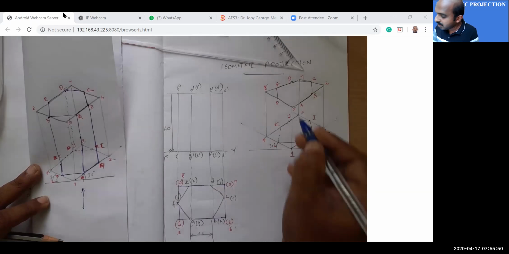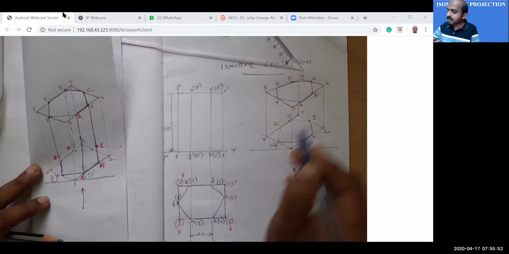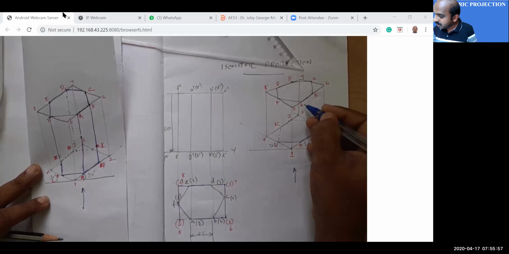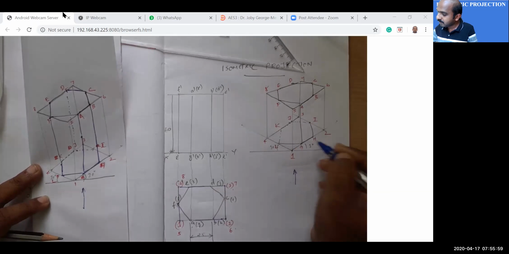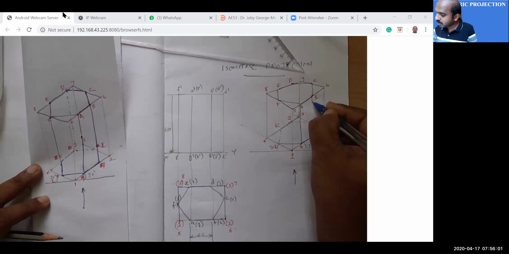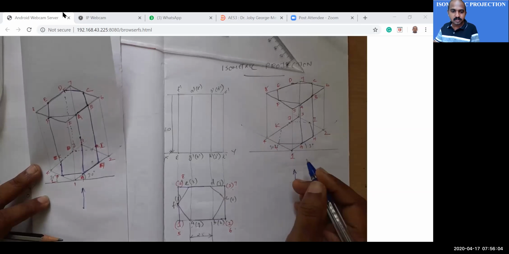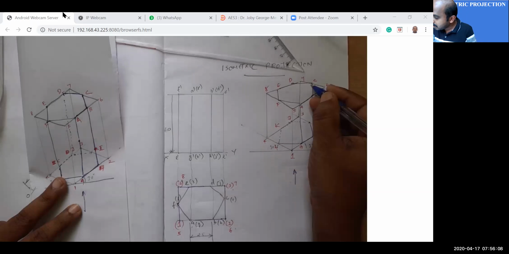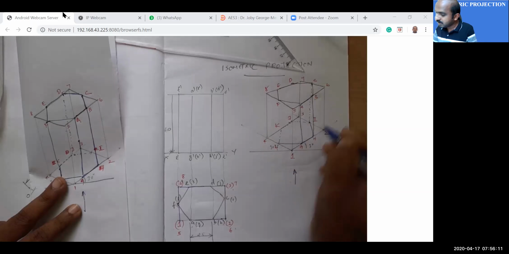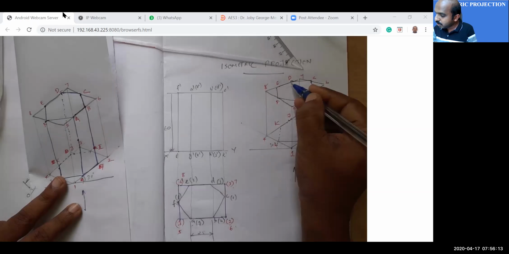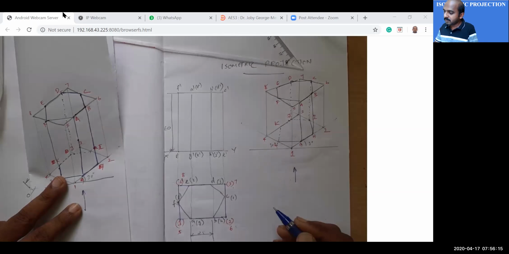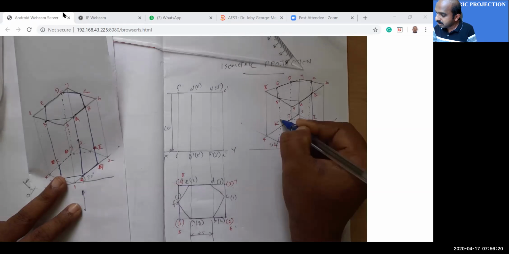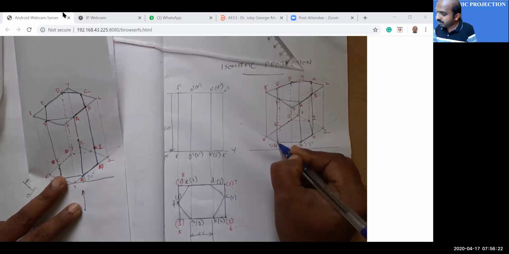Now we connect EFA. Now we have completed the top face and bottom face. Now vertical lines: A to G, B to H. Then we have C, which is hidden, D is hidden, E to K is hidden. Then we have F to L.